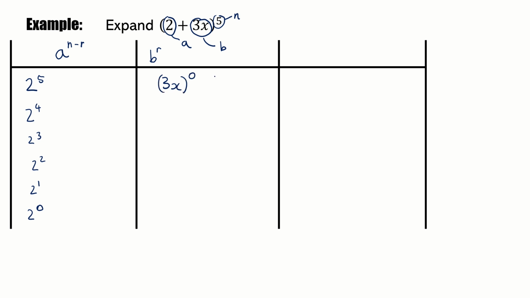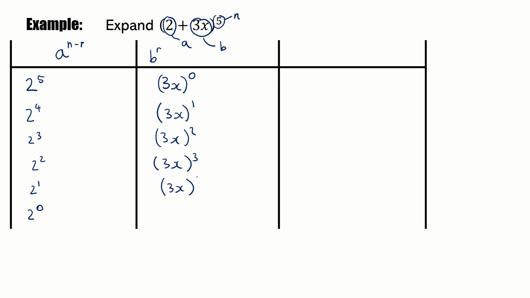I'm being very careful to write the 3x inside the brackets before the power is being applied to it, because the power is meant to be affecting both the 3 and the x. But anyway, as we progress through the terms, the power of this thing is going to increase by 1 every single time. So this is what's happening to the 3x for each term.